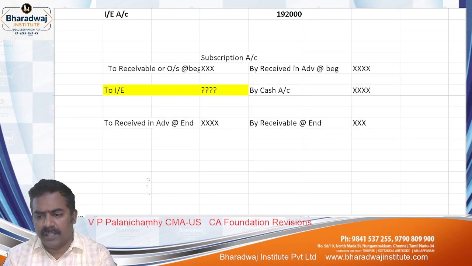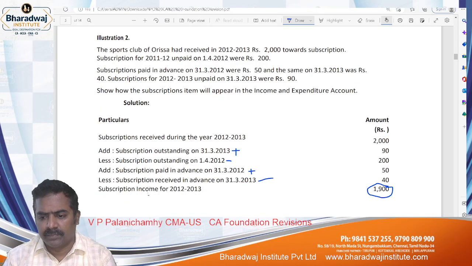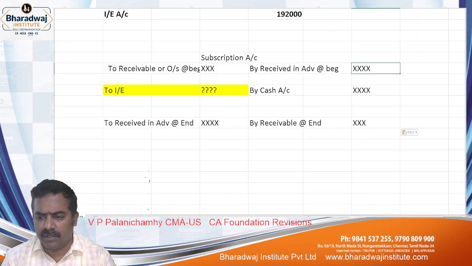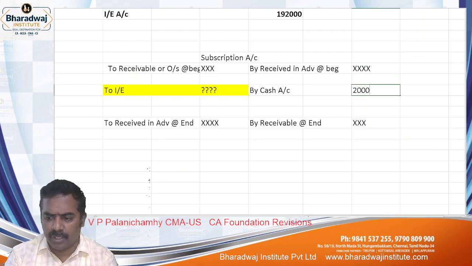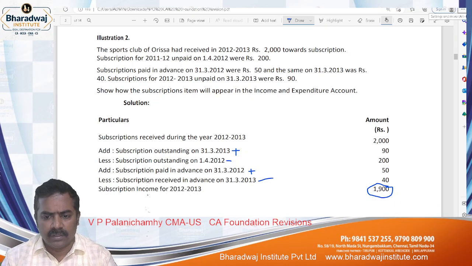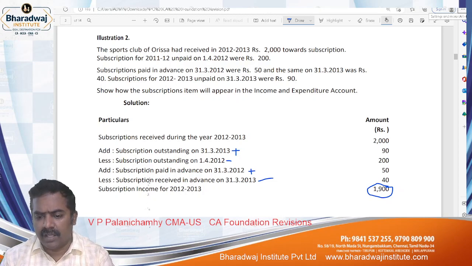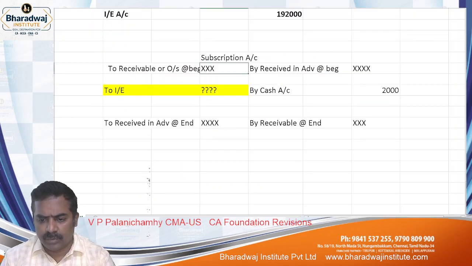What is advance at the beginning of the year? Received is 2000. You can take it by cash 2000. Then outstanding at the beginning of the year is 2000.